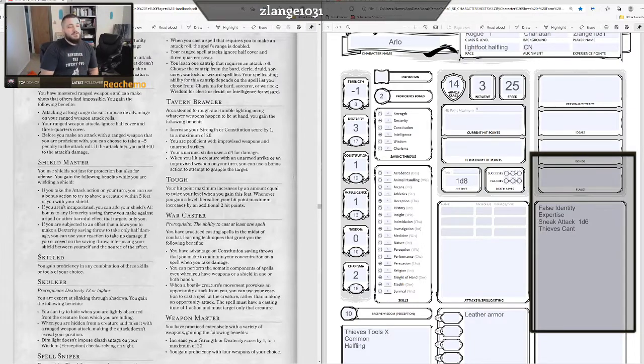Longbow, 600 feet, which means between 151 and 600, I take disadvantage on trying to hit my target, because instead of just aiming right at it and firing, I have to arc it, I have to counter for wind and distance and all this other stuff. So I have disadvantage. With Sharpshooter, I can now shoot my bow 600 feet, no problem. No issue. No disadvantage, no nothing. Great.